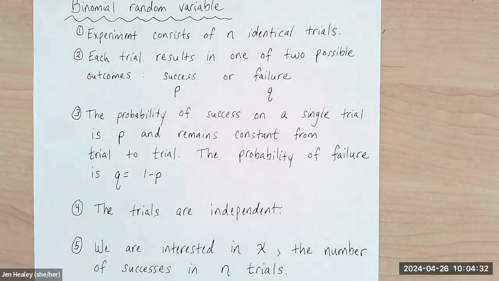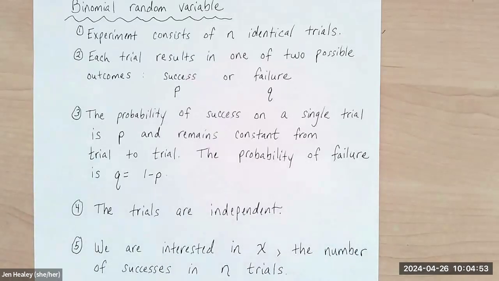When I say identical trials, I mean you can't have a scenario where you had 10 things and then you pull one thing out and now you only have 9 things and then you have only 8 things. It has to be the same. It has to be 10 different things each time. You can't change the parameters of the trials.